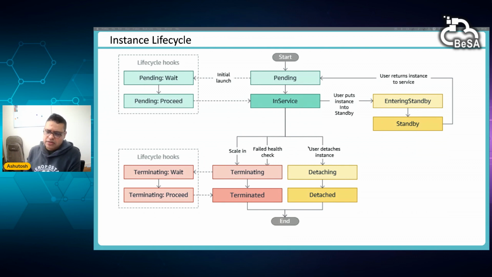Now sometimes you don't want the automated behavior, where the instance simply starts and becomes active and in service, right? You want to run some sort of scripts, or you want to monitor what is being spun up, or maybe you have some sort of validation mechanism, and this is where lifecycle hooks come into the picture.